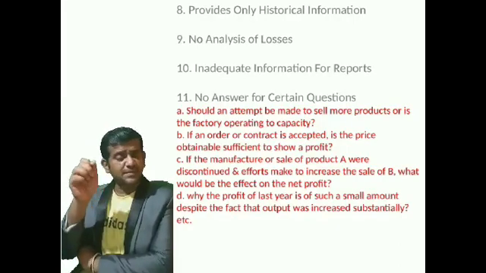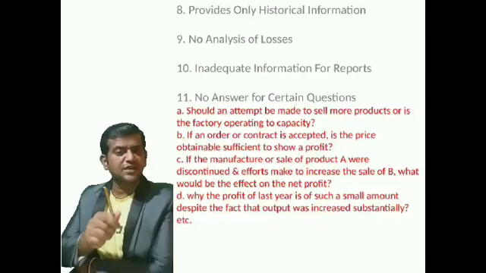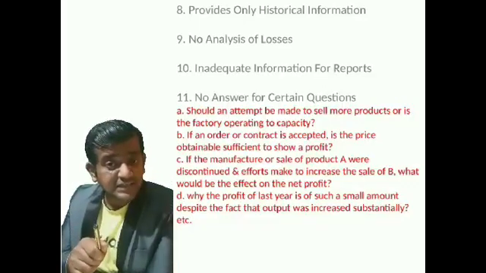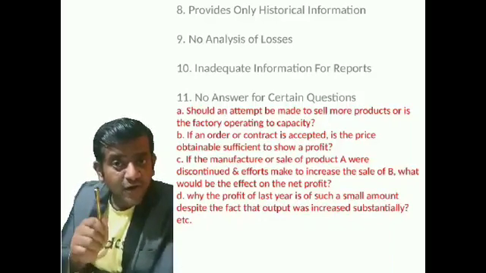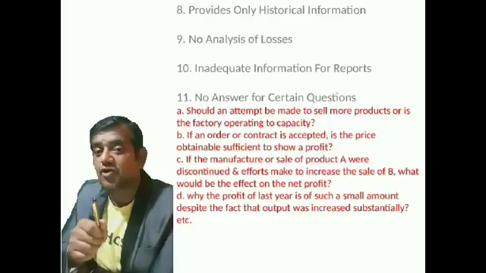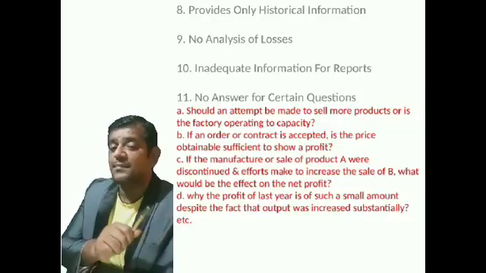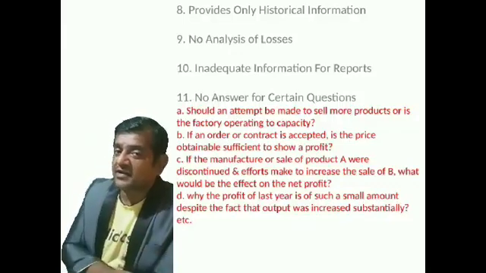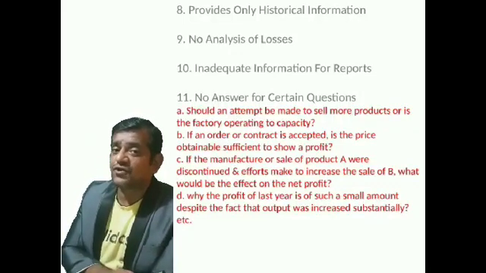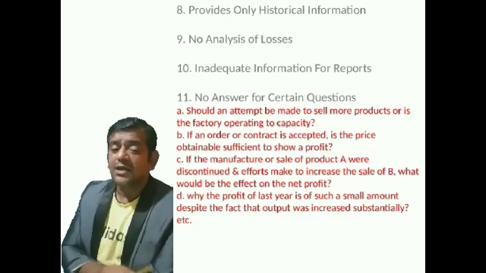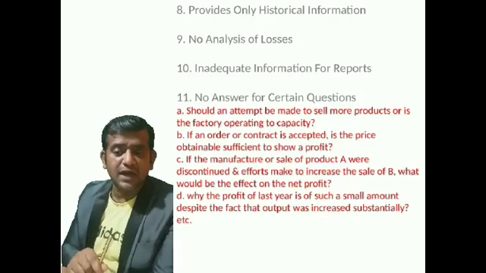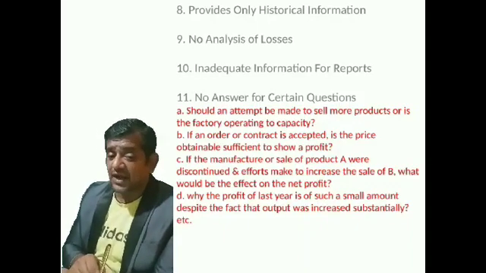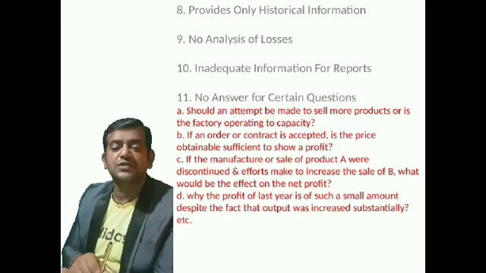So that remains as a question, because financial accounting clearly says whether your factory is under profit or loss, but it cannot give you a complete information whether the factory should work to its full capacity or not. So if you look at point B, if an order or contract is accepted, is the price obtainable sufficient to show a profit?